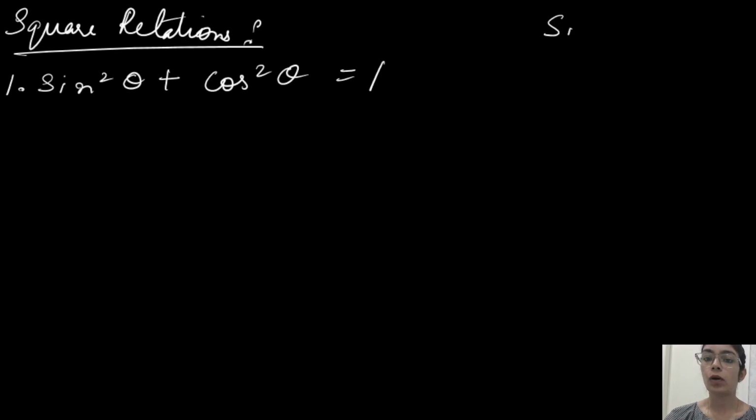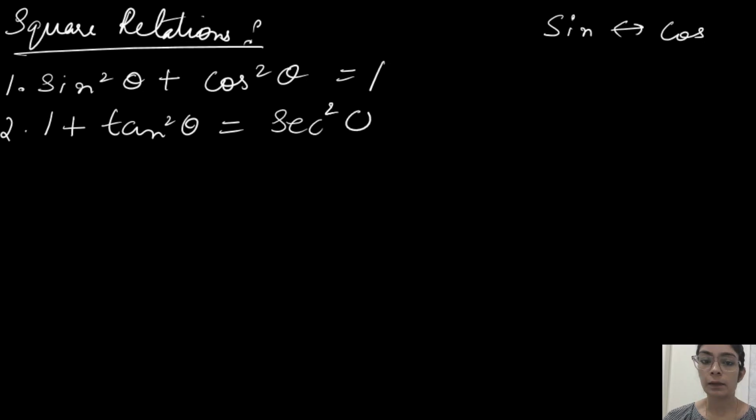Here sine and cos are related with each other. Then 1 plus tan square theta is equal to secant square theta. And 1 plus cot square theta is equal to cosecant square theta.